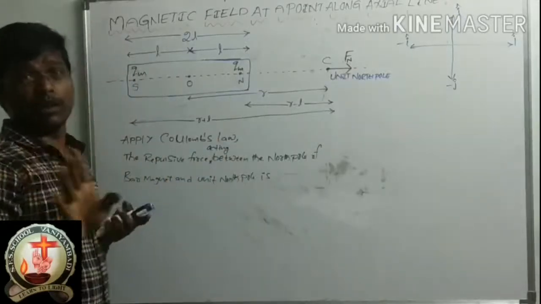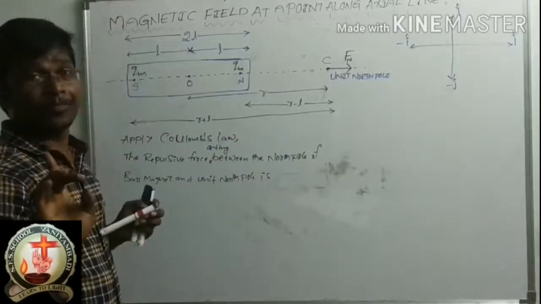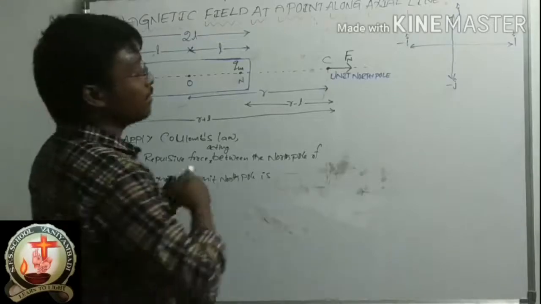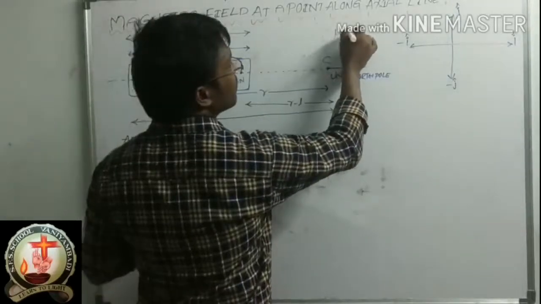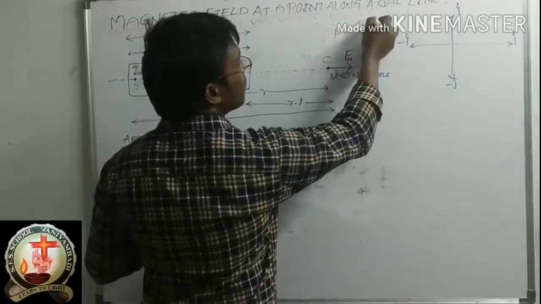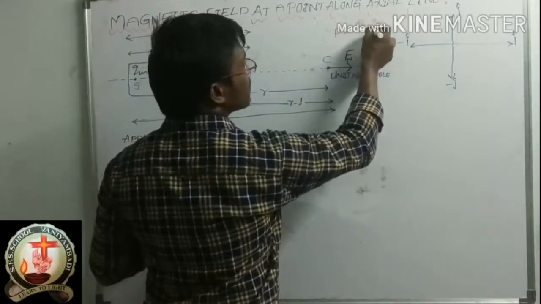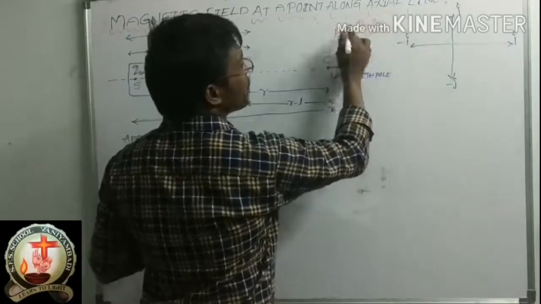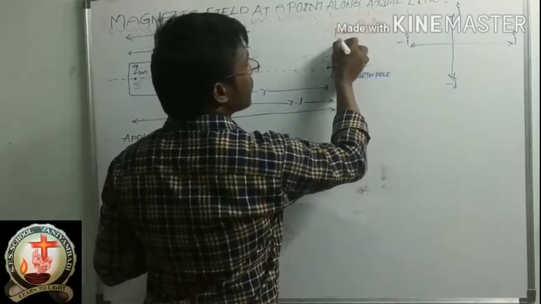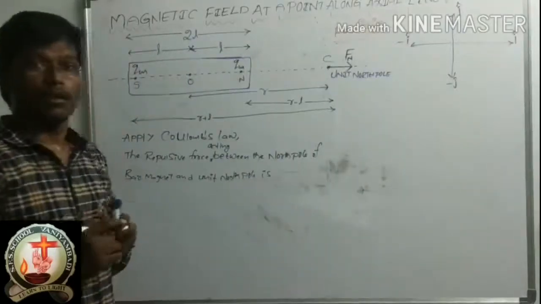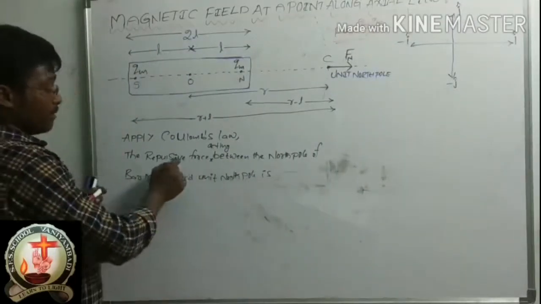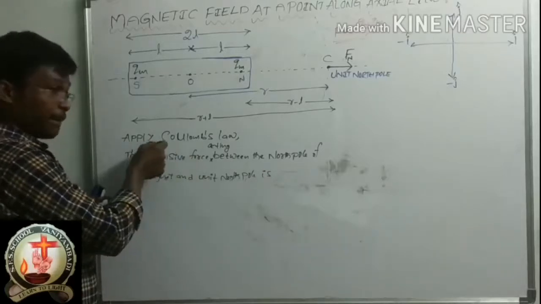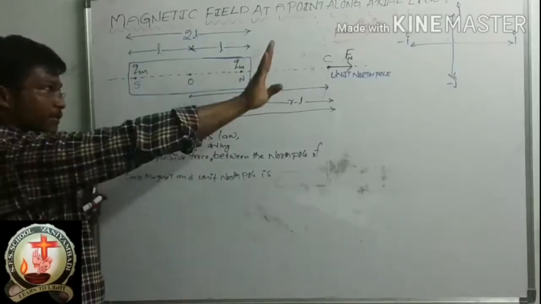now you can always remember the Coulomb's law formula. What is that? F is directly proportional to Qm by R square. Otherwise, the proportionality constant K. Remember this. So after applying Coulomb's law, some amount of repulsion force is acting.